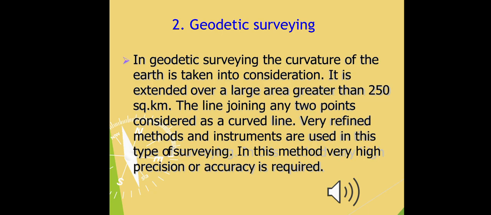Here, all lines lying on the surface are curved in nature, and the triangles are spherical triangles. It is considered to be geodetic when the limit of the survey is more than 250 square kilometers.